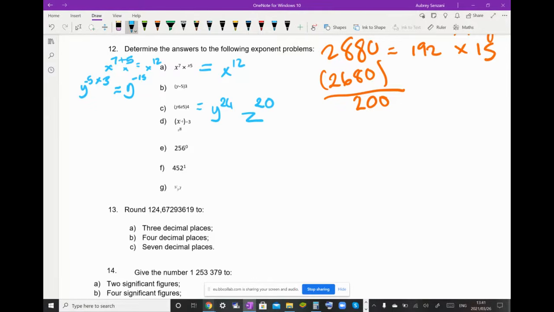Then over here, what we have is x to the power negative 2 divided by z to the power 8, and then in brackets to the power negative 3.